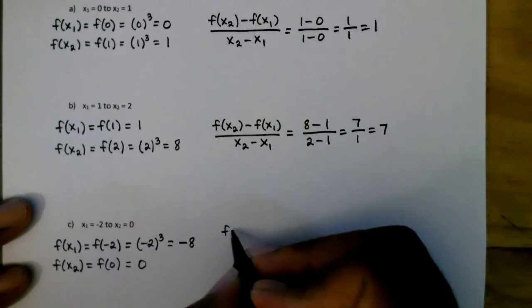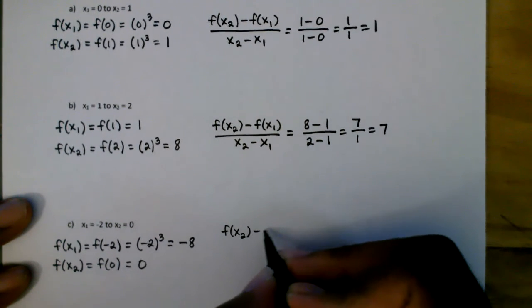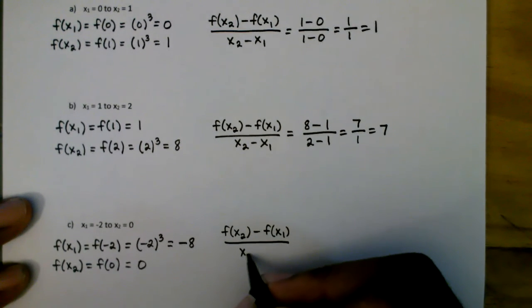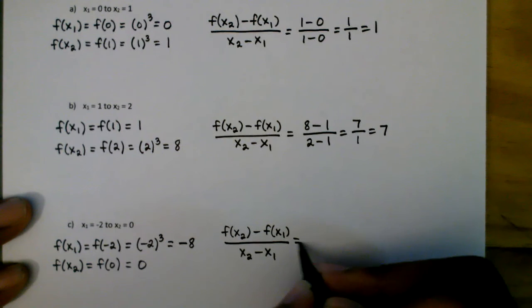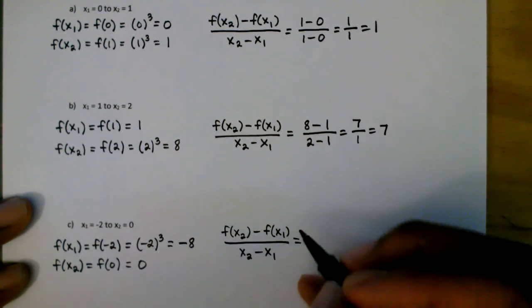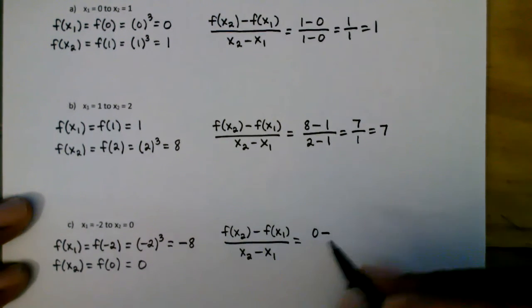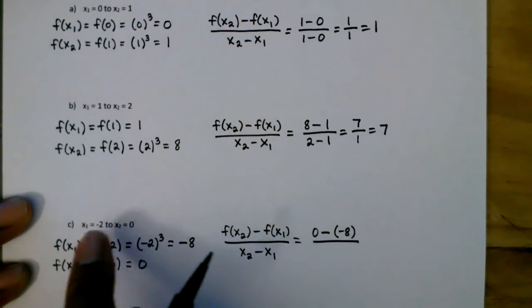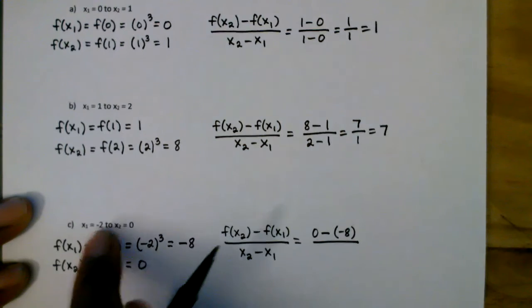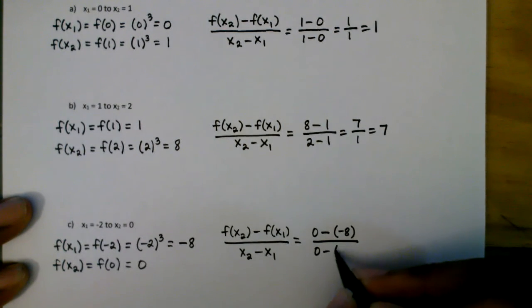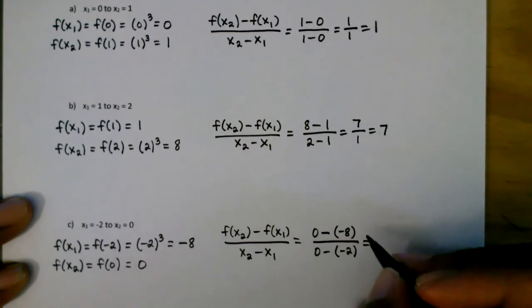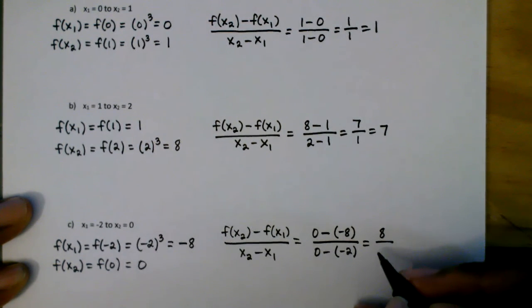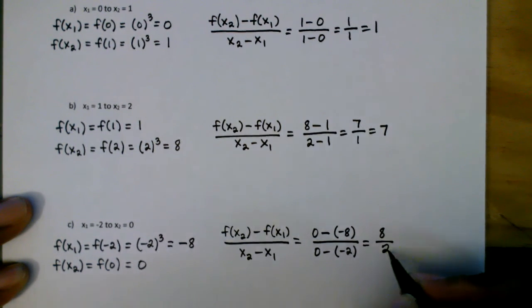And then our average rate of change is f of x2 minus f of x1 divided by x2 minus x1. Let's see, f of x2 was 0, minus f of x1 was negative 8, divided by x2 minus x1, 0 minus negative 2. 0 minus a negative 8 is 0 plus 8, or 8, divided by 0 minus a negative 2, or 0 plus 2, is 2.